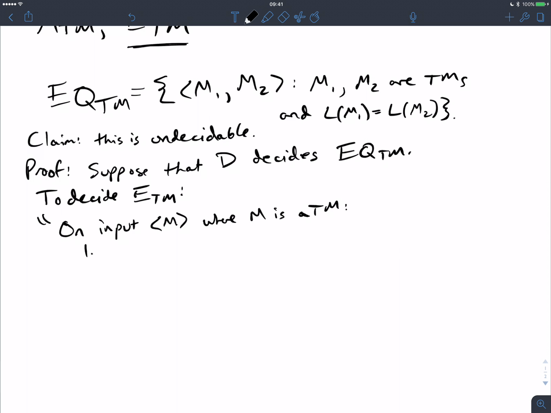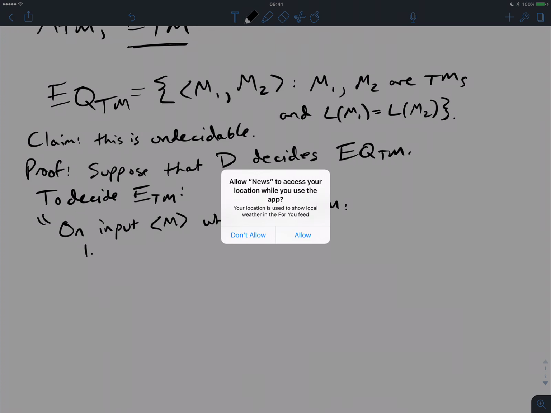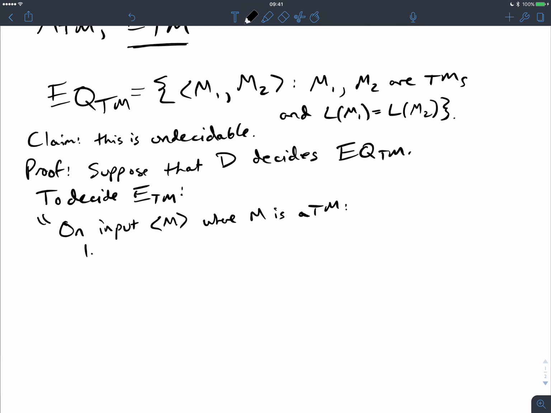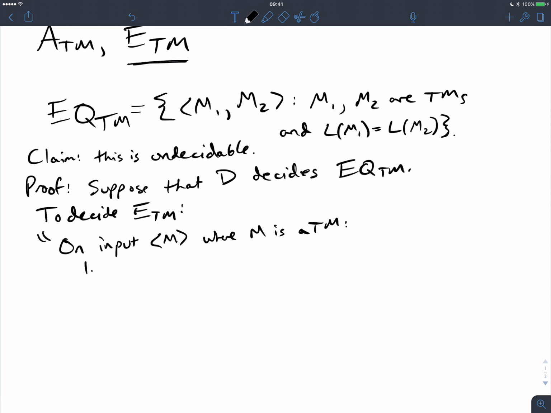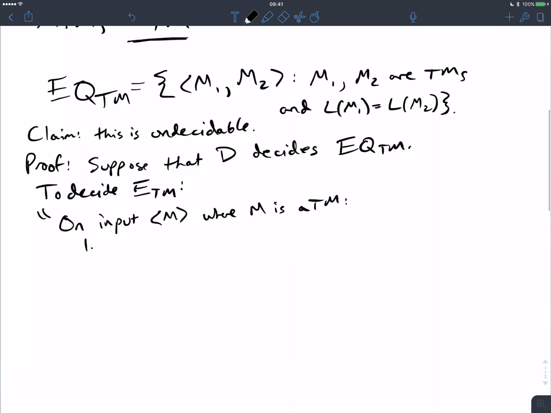No, that wouldn't tell me anything. Well, so yeah. All right. So I need to come up with another machine so that'll actually help me figure out whether M has empty language or not.